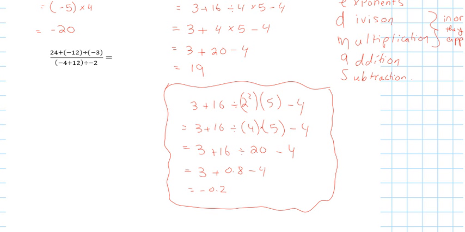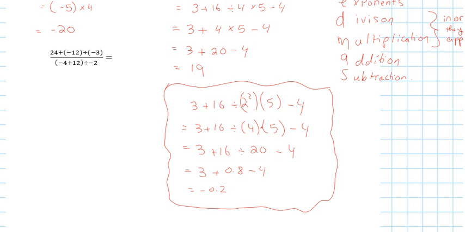Okay. What did you put? Did you put this one? Okay. Someone else. What do you guys get? I got negative... You got negative 0.2? Okay.